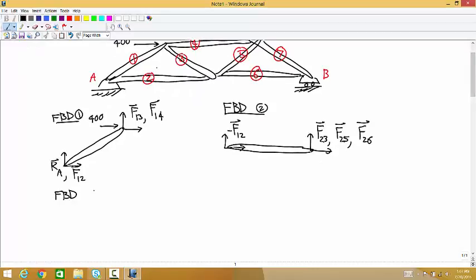Then a free body diagram for member 3. The pin isn't part of this one, so all we have is the contact between 3 and the pin, so this is negative F13. Down here, same deal, so this is negative F23.